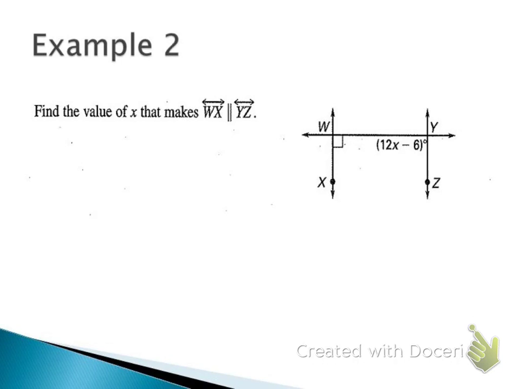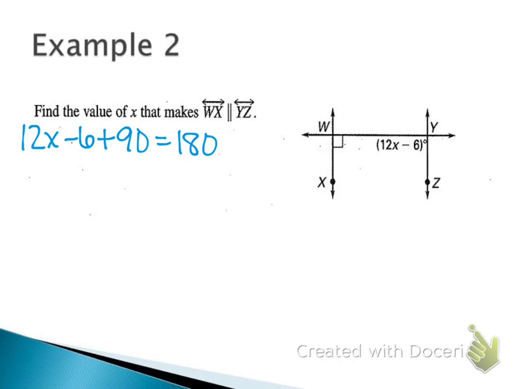So I have 2 options here. One option, like the standard option, is to set up just the full equation. I know that 12x minus 6 plus, how many degrees is this? 90, needs to equal 180. Now, if you are a wonderful geometer and you can just look at this and say, well, if that's 90, I know that has to be 90, and you set this 12x minus 6 equal to 90, I would accept that, but you need to show me your starting point, your beginning equation.